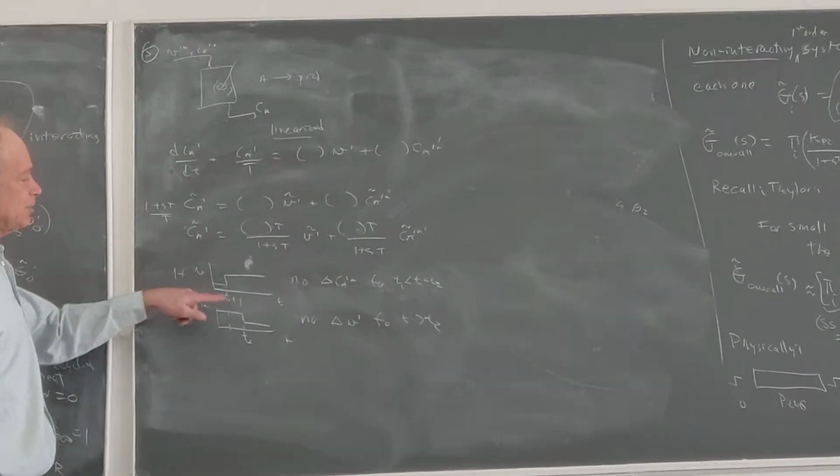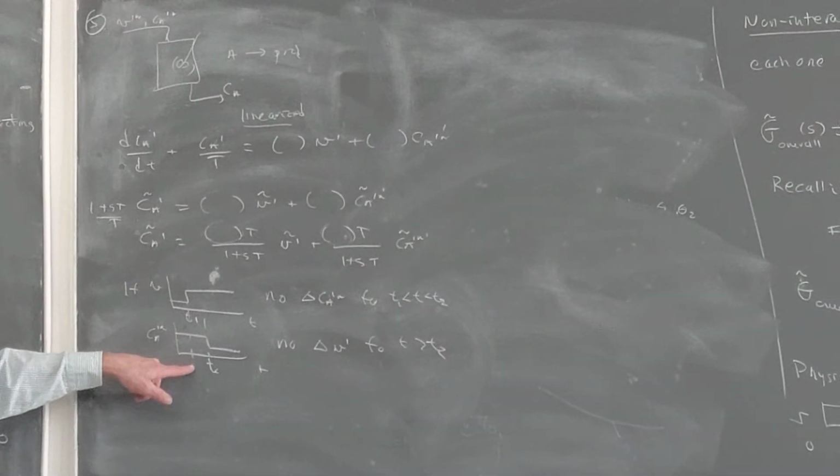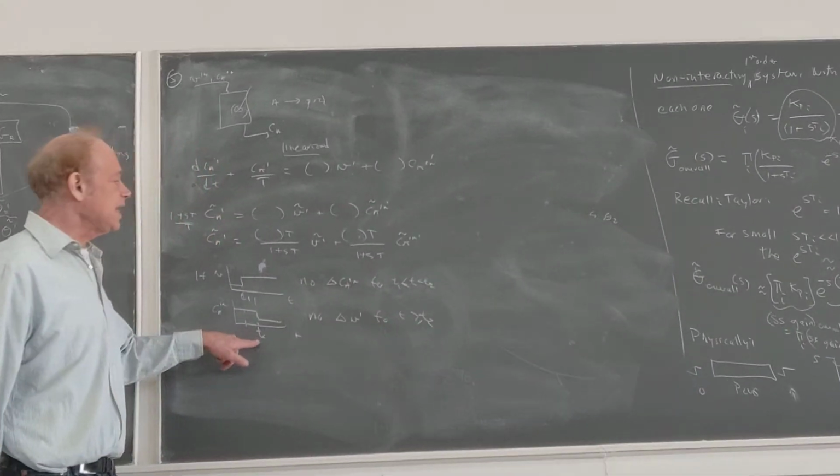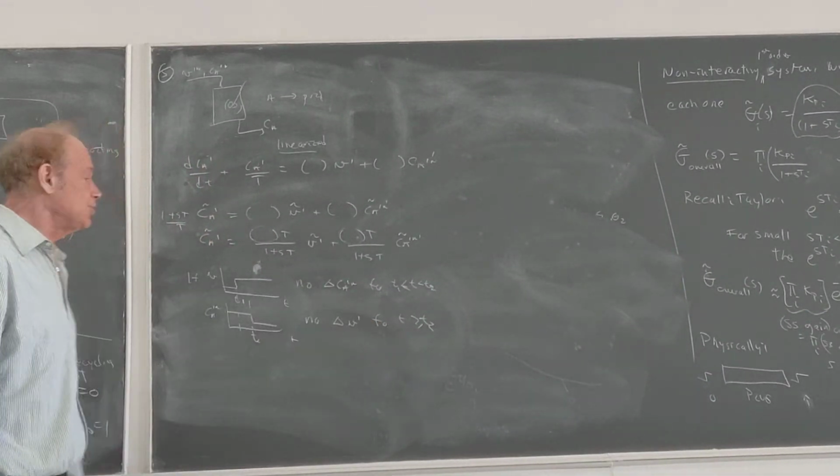But here V changes at T1, and here CA in changes at T2.